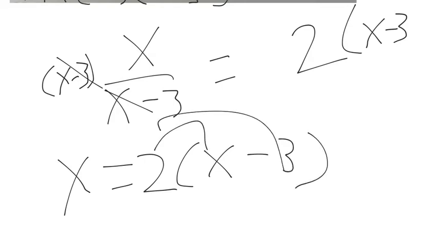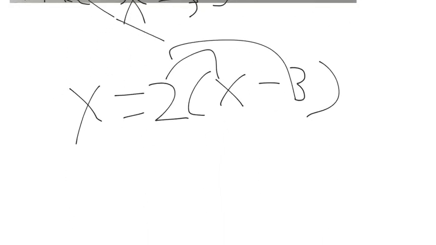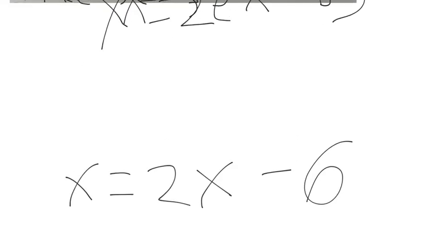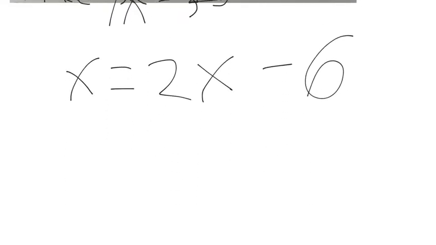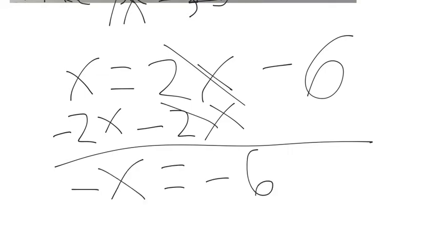If you distribute, you end up with x is equal to 2x, 2 times x minus 2 times 3, which is 6. Now, if you subtract 2x from both sides, those cancel out, so negative x is equal to negative 6.